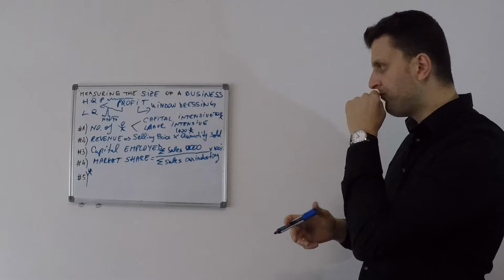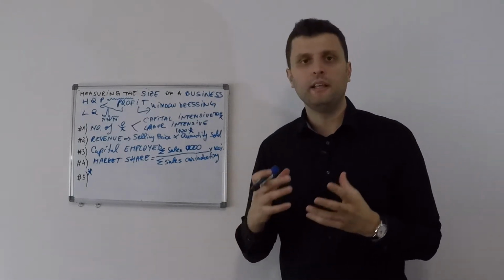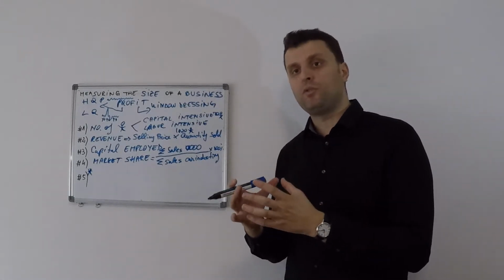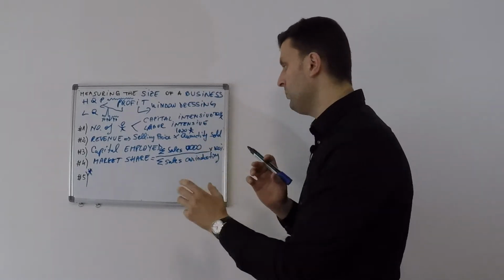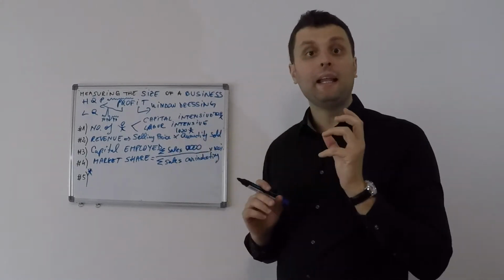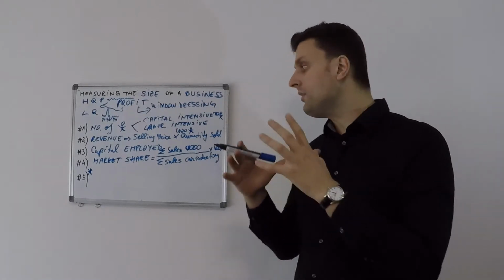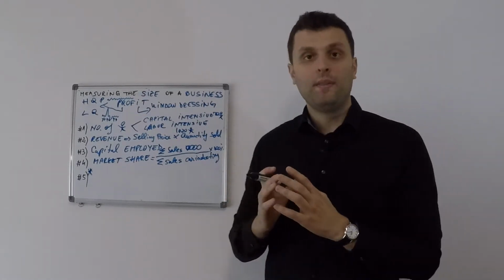So this will actually let us know how much from the total sales in the car industry were sales that were recorded by Audi, and then we can realize what is Audi's share on that market.